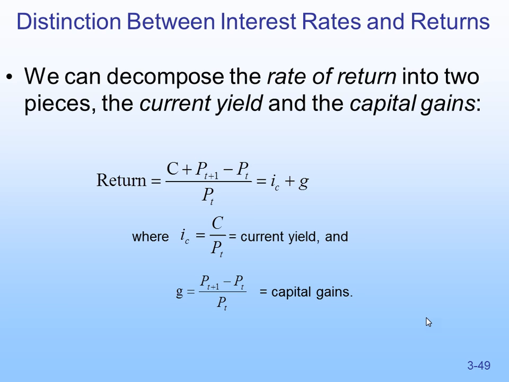And you want to add that to C over P, which is the current yield. So usually we write it I plus G, I sub C plus G, where I sub C is the current yield and G is the capital gains. Capital gains can be a loss or it can be a gain from changes in price.